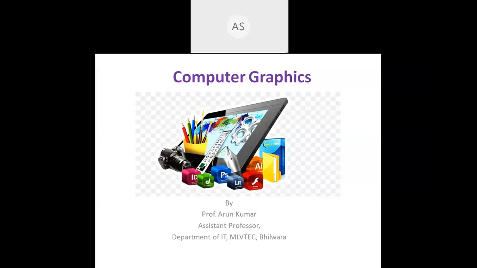So a computer is an electronic machine which performs operations with the help of some software or programs. Okay, good. Now we will discuss graphics.